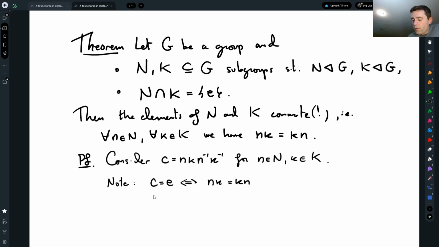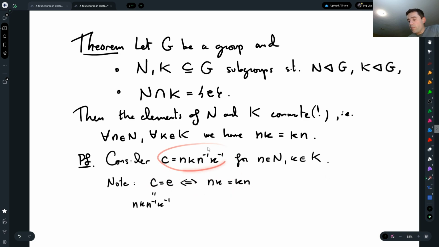Because if n k n inverse k inverse is the identity, then if I multiply this equation on the right by k and then on the right by n, I get this equation. So this element c will be the identity if and only if the elements commute.